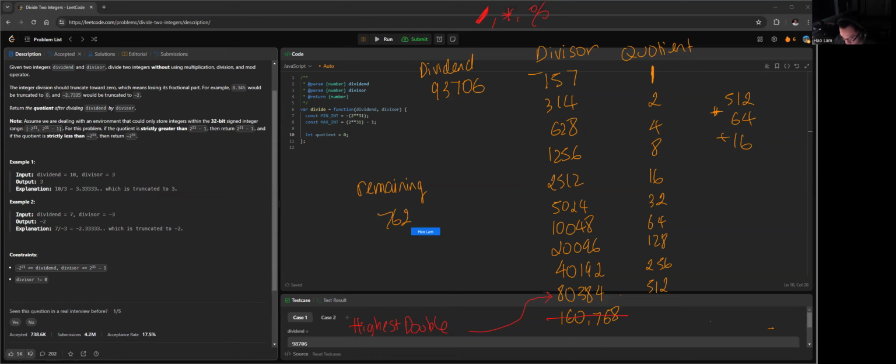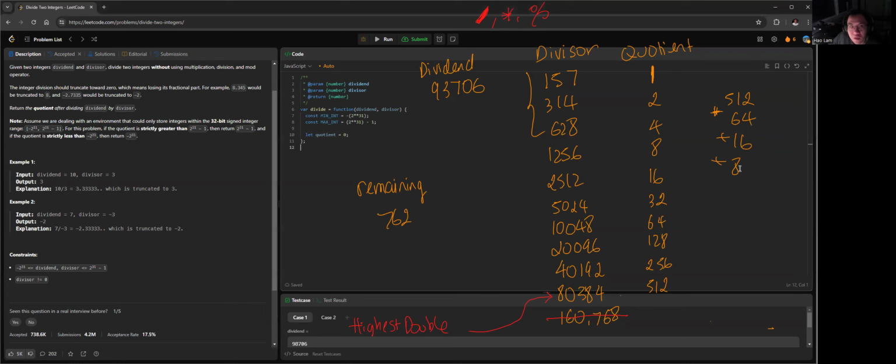And we just have to repeat the process here with 762. So we're going to stop at this number right here. It will give us 8. So we add 8. Oh, it is not 8, it is 4.